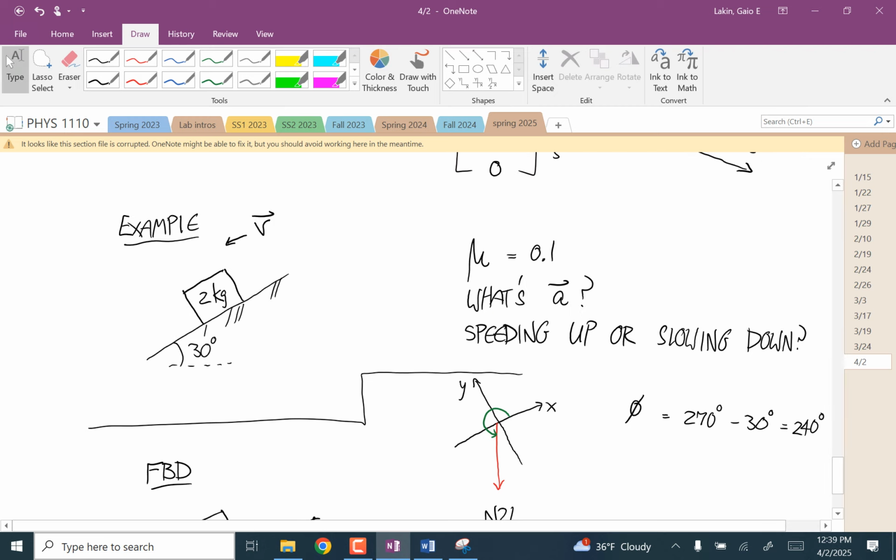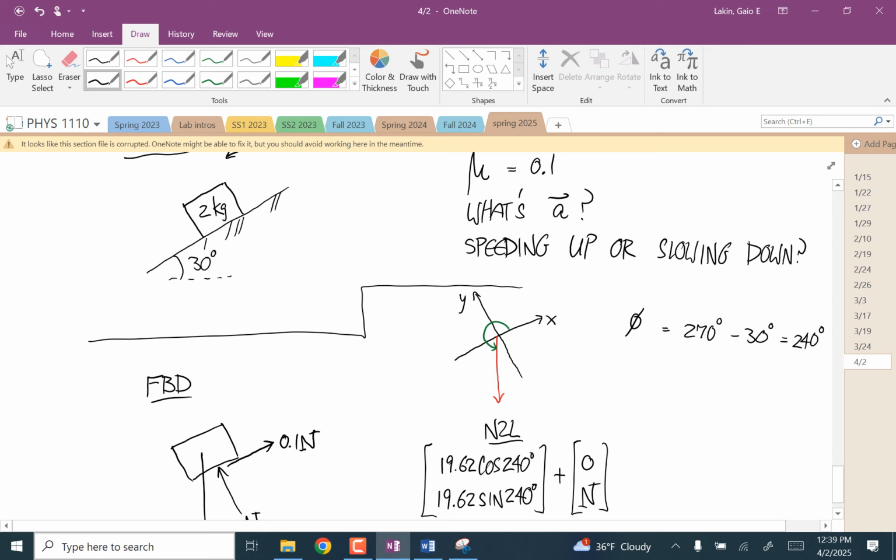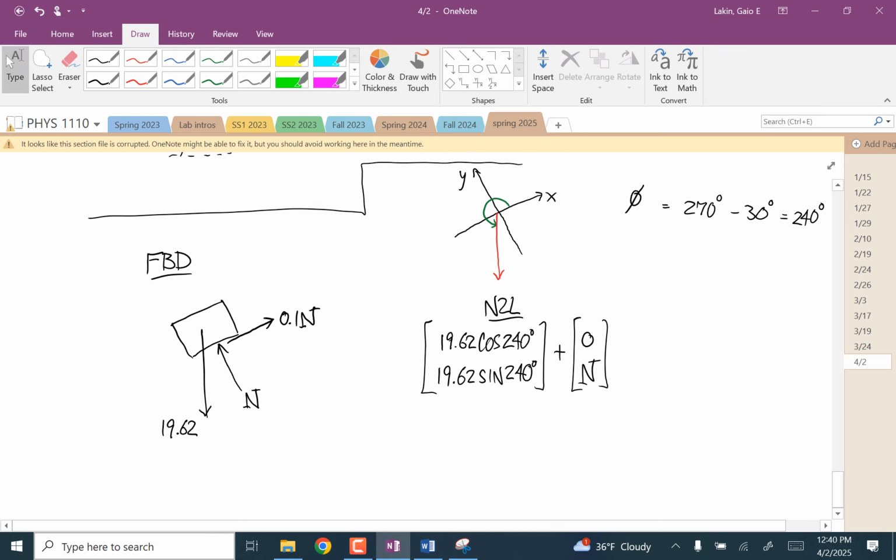Positive, yep. Just look at the coordinate system drawn here. So this is positive 0.1 times n, and then 0 for y. And the right side is the mass times the acceleration, which is a, 0.